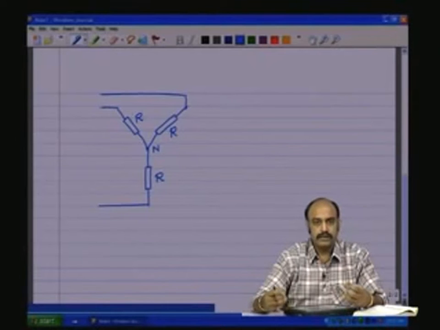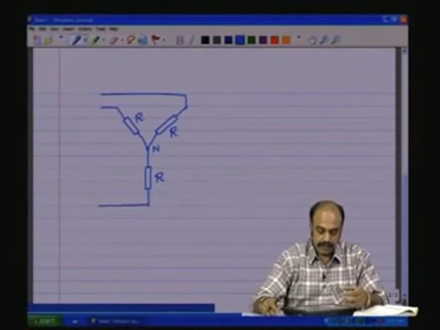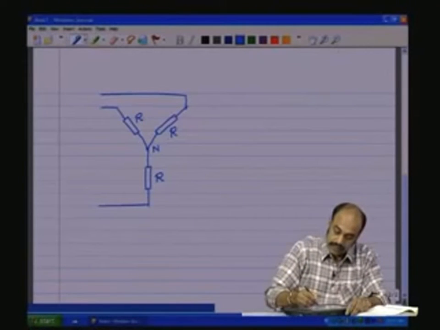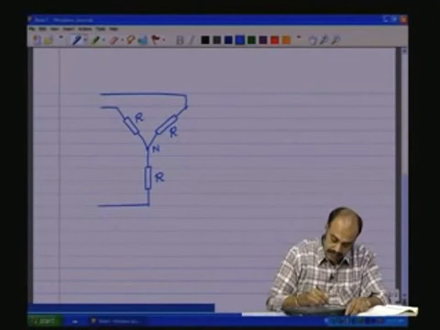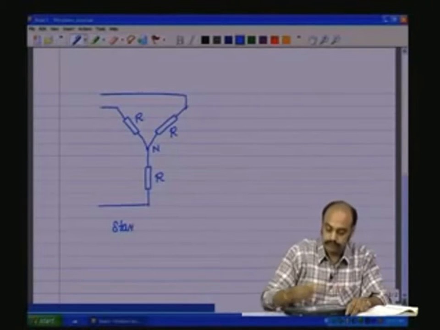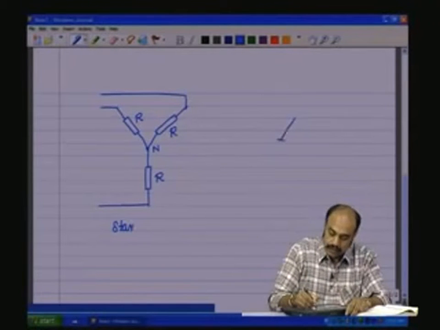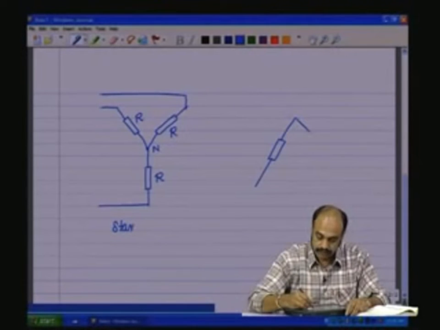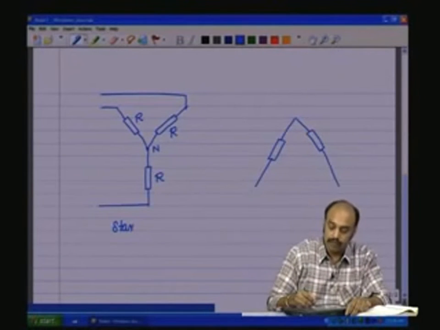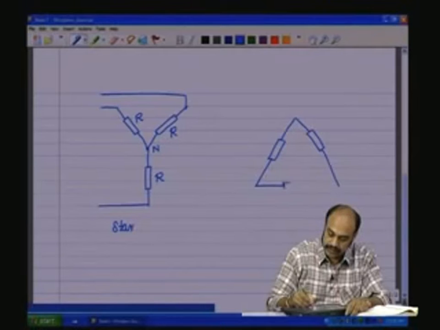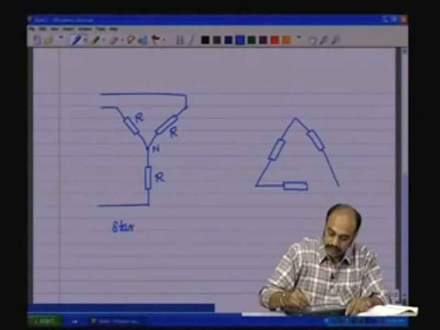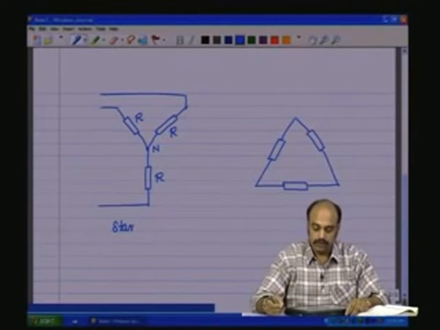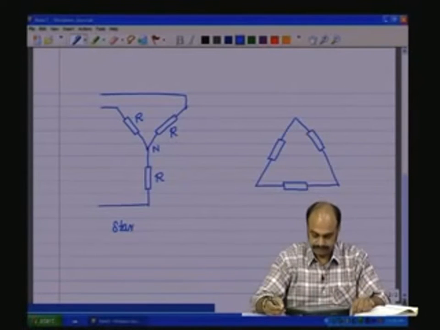Now, let us try to get the relationship between the various voltages and the currents in the star circuits and the delta circuits. This is the star or the Y, which we have been discussing since the last class. We also have the delta circuits composed of three loads or resistors, but unlike in the star circuit where one end of the loads are joined together at a point called the neutral, here the loads are connected in a ring form.